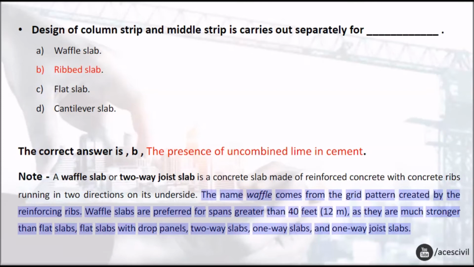Waffle slabs are preferred for spans greater than 40 feet, 12 m, as they are much stronger than flat slabs with drop panels, two-way slabs, one-way slabs, and one-way joist slabs.